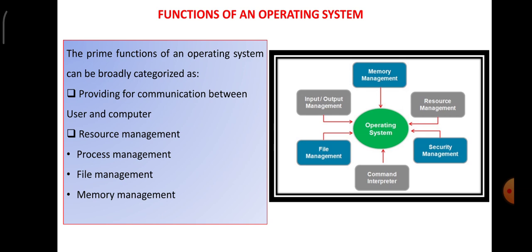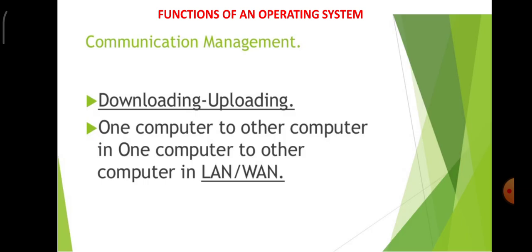You will study each topic in different slides. Now, communication management. What is communication management? Downloading, uploading, from one computer to another computer in LAN or WAN. Communication management deals with uploading and downloading and transferring files from one computer to another.